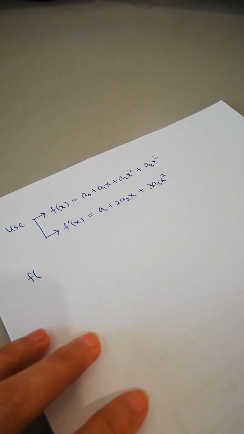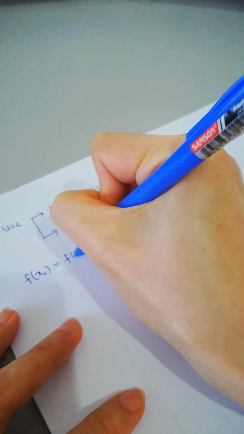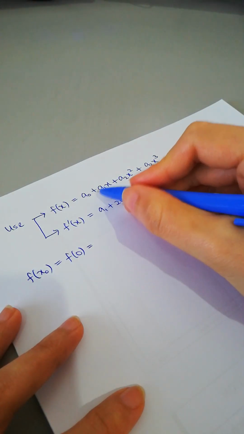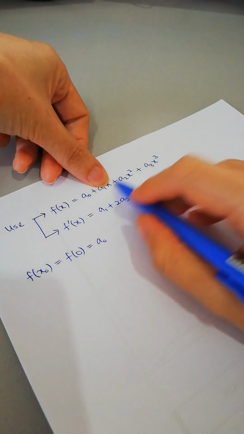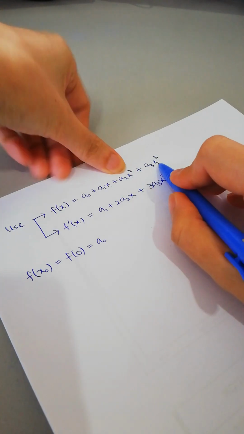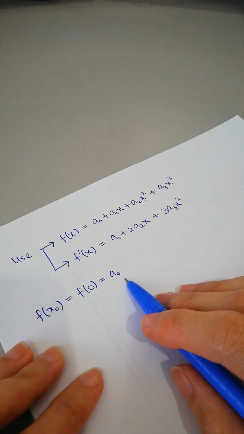Okay, so fx0, which is equal to f0, you substitute x equal to 0, so a0 you copy, and then x is 0, 0 squared gives you 0, 0 cubed still gives you 0. So that means we have f0 is equal to a0.